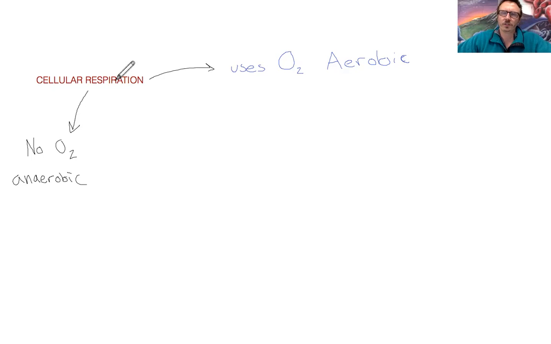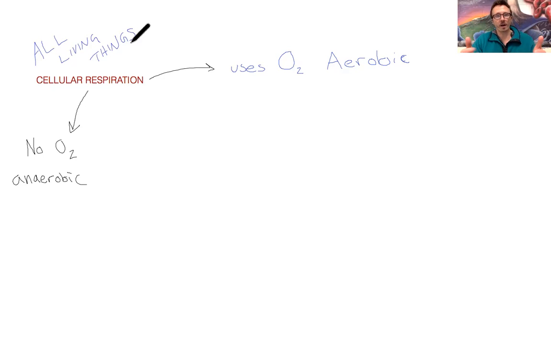Now, let's ask ourselves, what kinds of organisms are going to use respiration, right? Well, some organisms use aerobic respiration, some use anaerobic respiration, some organisms use both. In fact, our bodies can do both, right? And so all living things perform some form of cellular respiration. Cellular respiration is a chemical reaction that allows us to break down our food, specifically glucose, right?